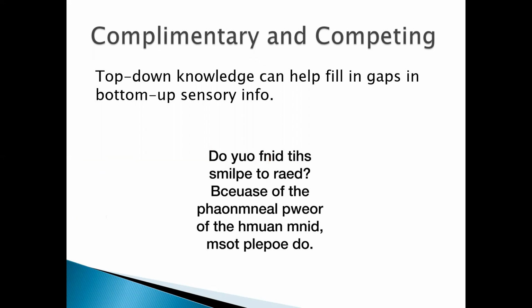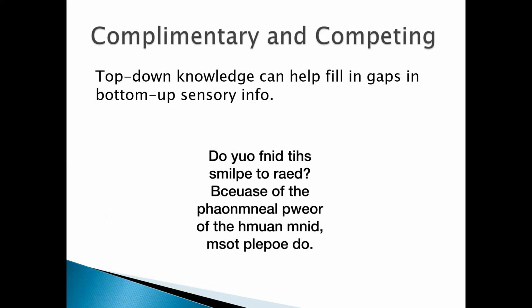For instance, you might have seen one of these little jumbled passages online or somewhere previously. The idea is that in each word, the first and the last letter are correct, and the letters in the middle are jumbled. What we're doing here is compensating with our top-down knowledge about word segmentation, spelling, what words go together, and the context.